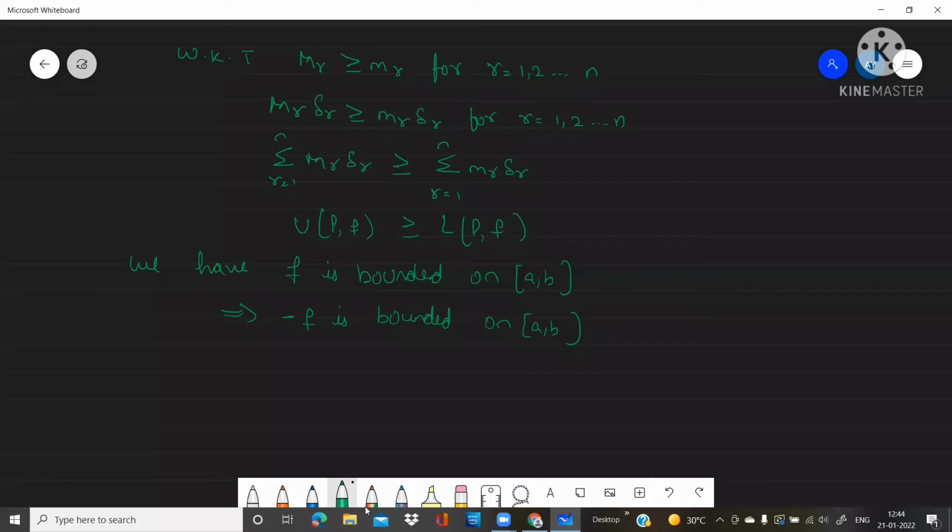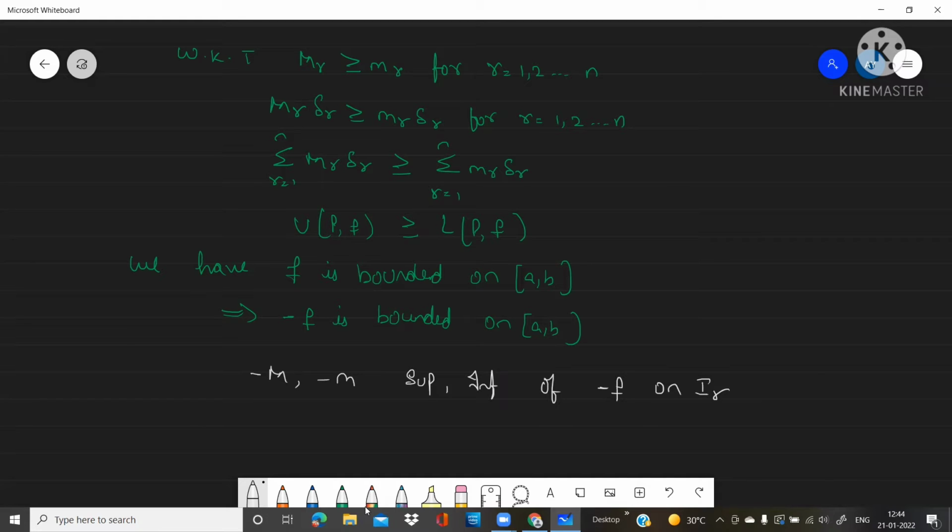We can write -small mr is greater than or equal to -capital Mr. Or take the supremum and infimum: instead of that, just take -capital M and -small m as the supremum and infimum of -f on the interval Ir.